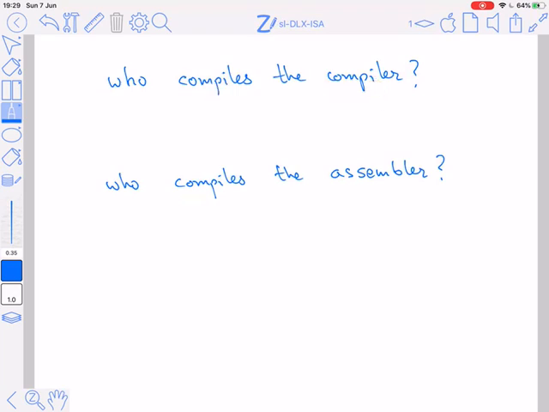And the same question pertains to the assembler. Who assembles the assembler? Who translates the assembler from assembly language to machine language? Okay? So these are cute riddles. I'll leave them open.